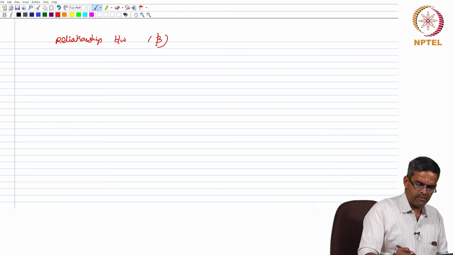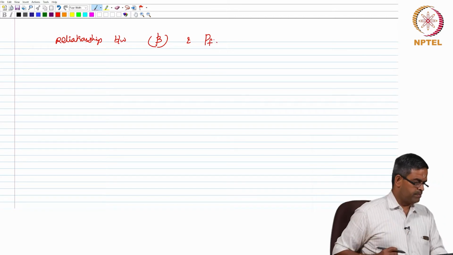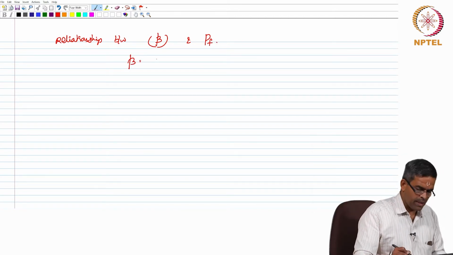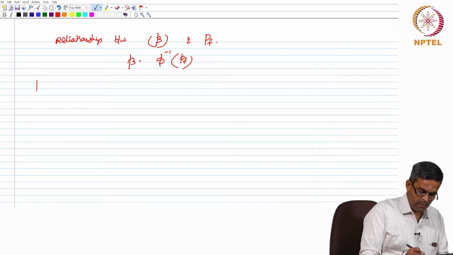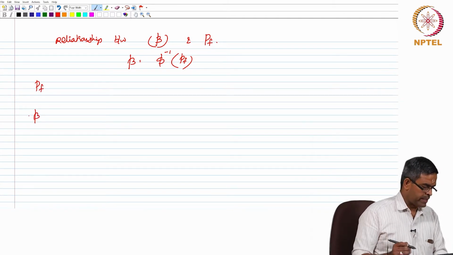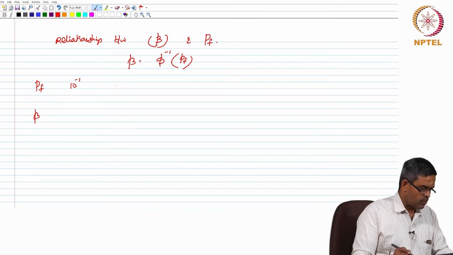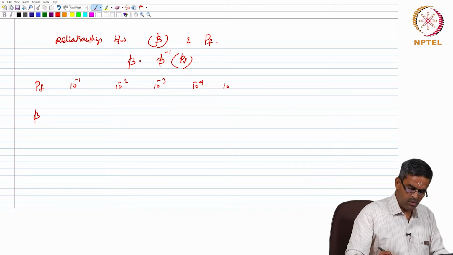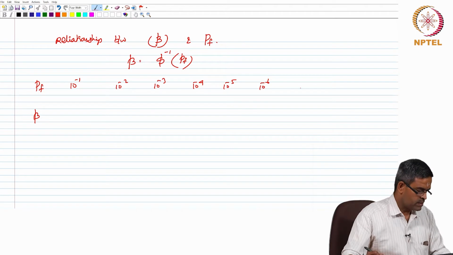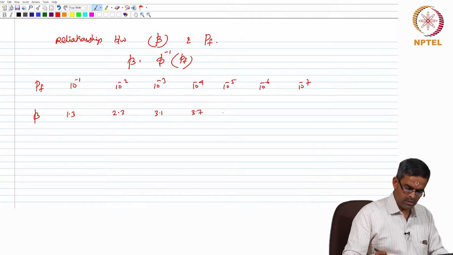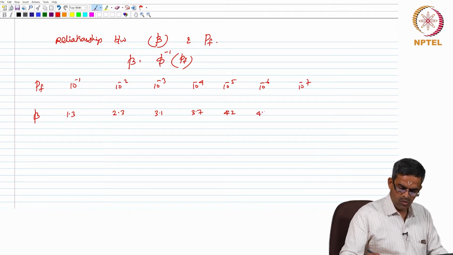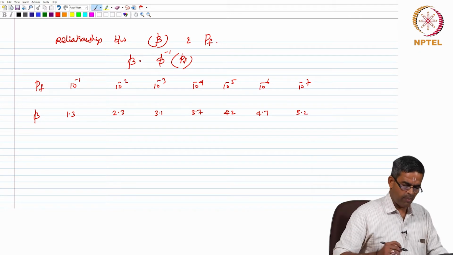Now let us see the relationship between the target reliability index beta and the probability of failure. Beta is actually given by the inverse phi function of the probability of failure, where the table says probability of failure and beta are connected for different values of failure: 10 power minus 2, minus 3, 4, 5, 6 and 7, with beta of 1.3, 2.3, 3.1, 3.7, 4.2, 4.7 and 5.2.